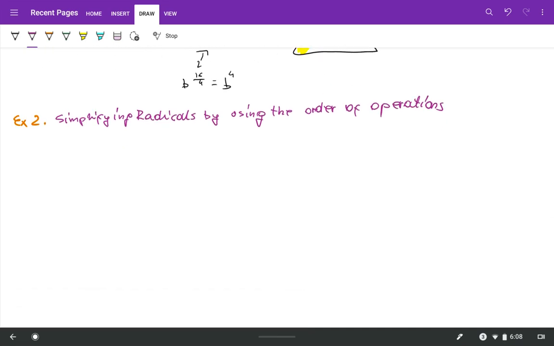Okay, so let's do a couple examples. A, we have square root of v to the power of 21, over v to the 5th power.